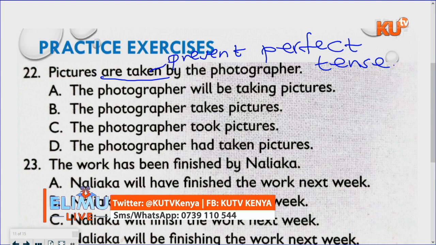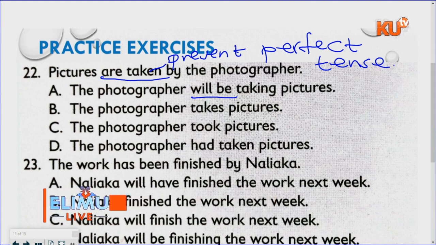The photographer will be taking pictures. Now, will be indicates future, because will, as I said, indicates future. It will not therefore be the correct answer. The photographer takes pictures. Takes there tells you that it is wrong, because takes is present tense.